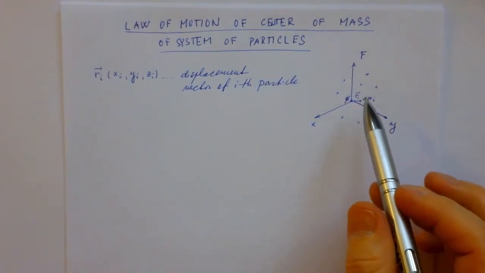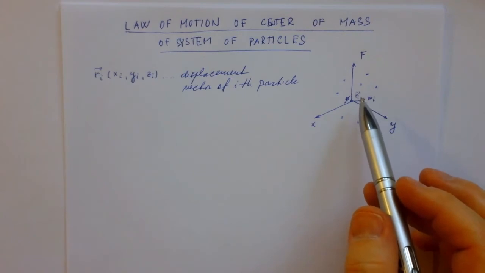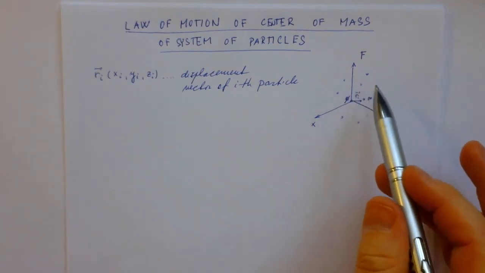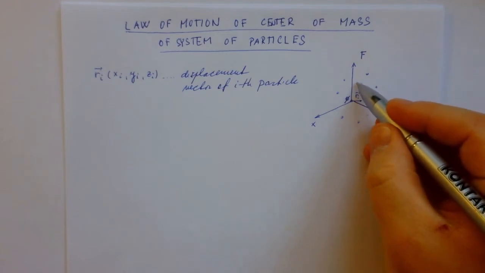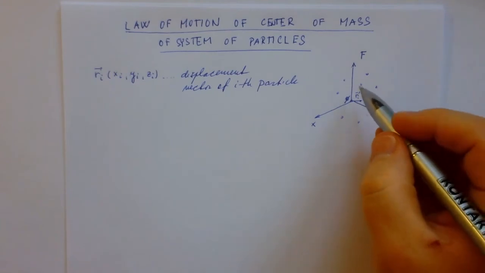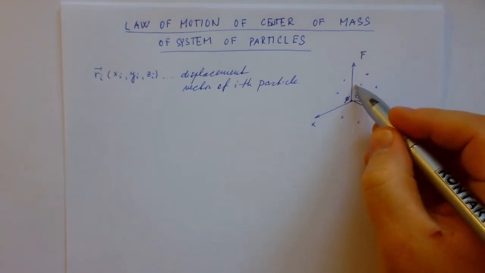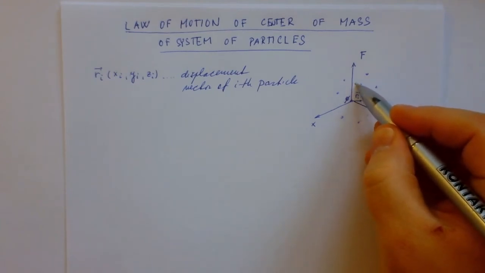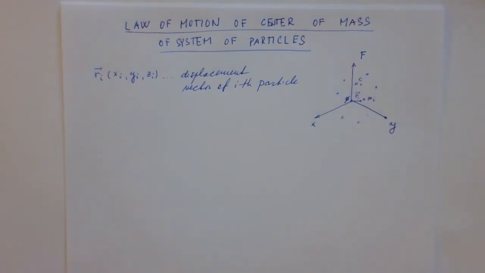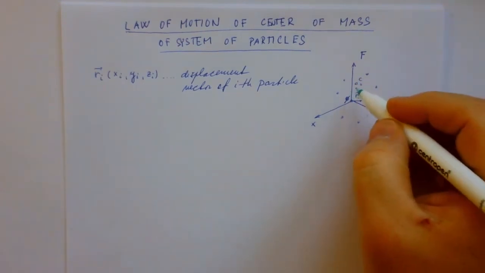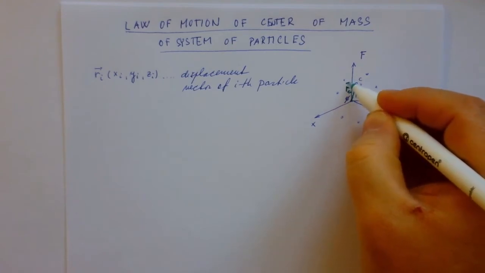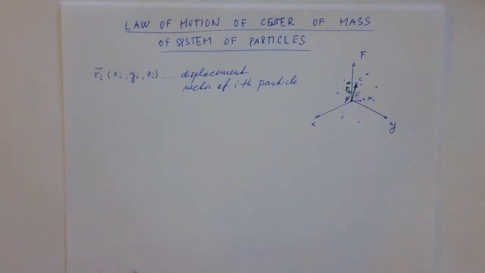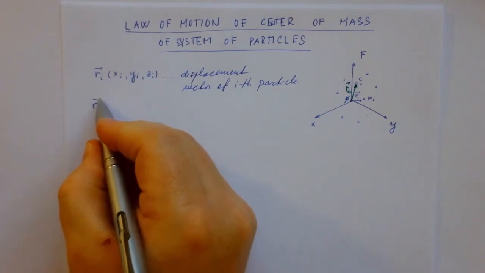And we can calculate a center of mass of this system of particles. So somewhere there can be a point, not a particle. Be careful about this. It's only a geometric point, C, with displacement vector RC. What is RC?